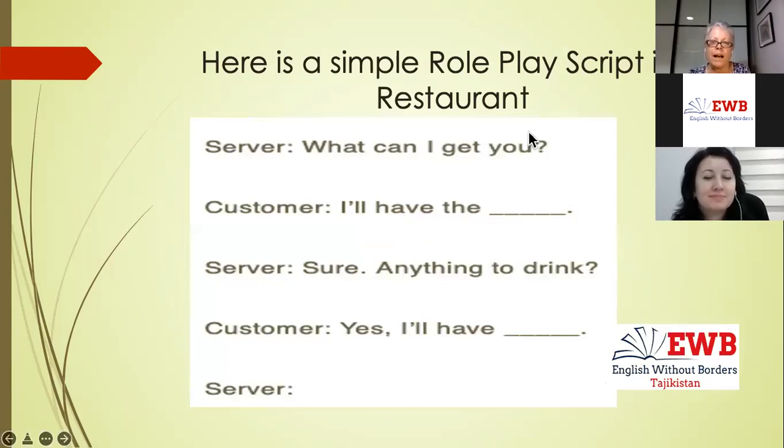So I would separate these out. But imagine you have the server standing up and the customer sitting down at a table, and the server comes in and says, "What can I get you?" And the customer says, "I'll have a," and the server doesn't know what the customer is going to say.